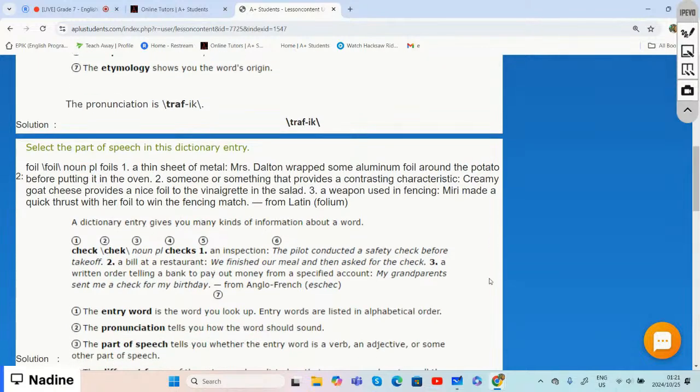If we were to select the part of speech within this dictionary entry, what is the part of speech within this entry?